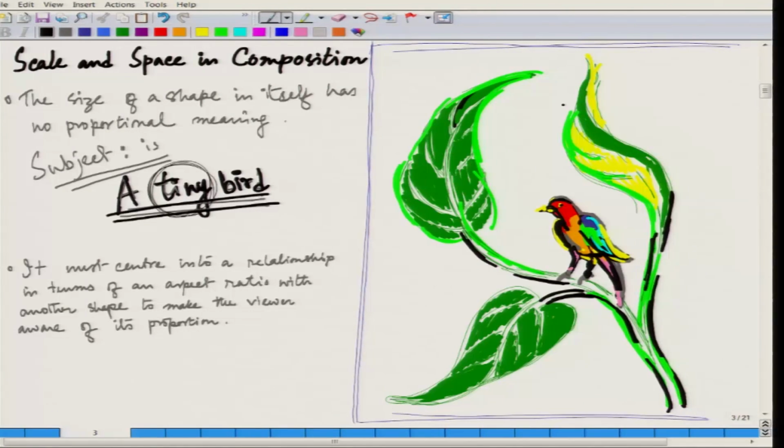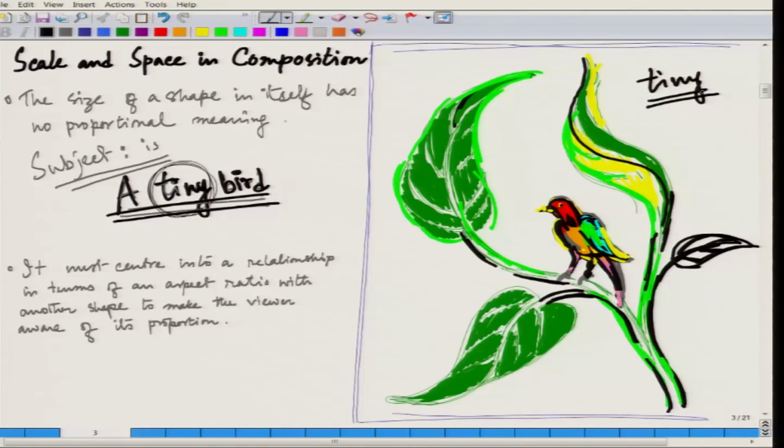We associate bird and leaves with some proportional norms. We know how big they can be and what the interrelationship of a bird and a leaf can be. So, in that context the bird becomes tiny.